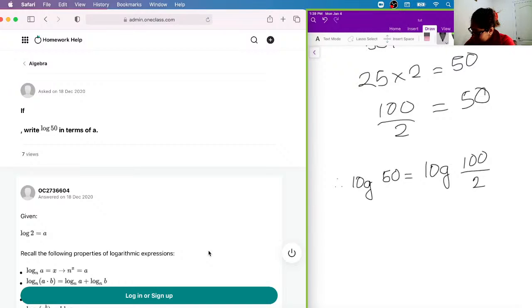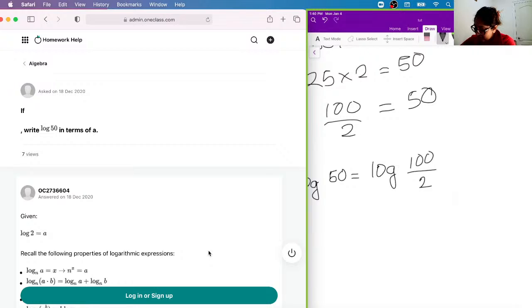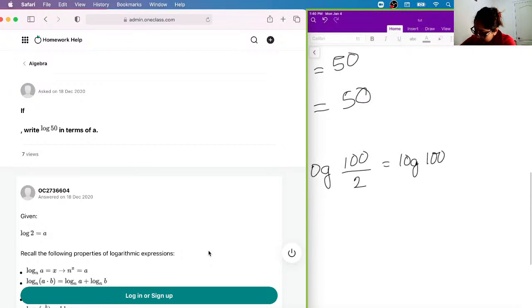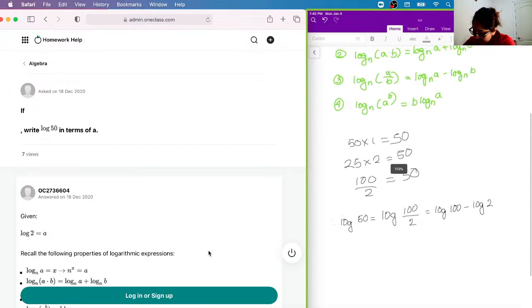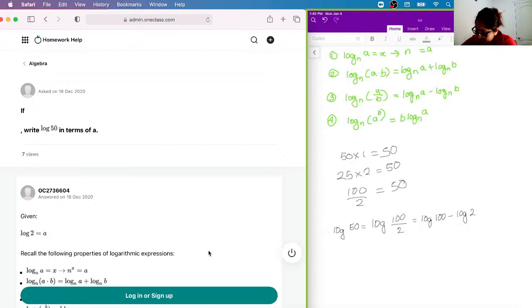Okay, and so you can rewrite this by using that property of log base n of a over b, and we have log 100 minus log 2. Okay, so we have this, right? So we basically just used the third equation right here.